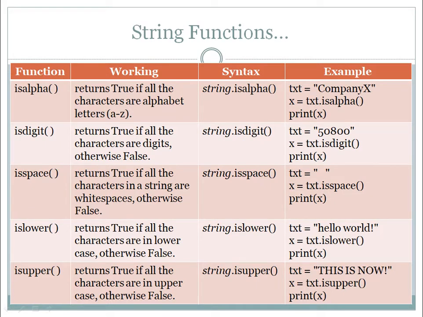So isdigit will return true if all the characters are digits, otherwise it will return false. Then there is isspace. It returns true if all the characters in the string are white spaces, otherwise it will return false. So this function is used to check for the occurrence of space in a string.